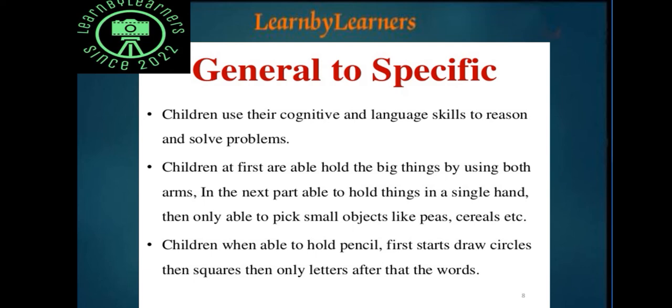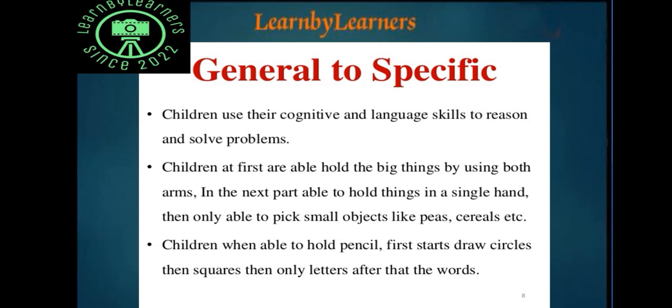And also you have seen he or she tries to hold with a single hand, and then learns to pick with both hands small things like peanuts, peas, cereals, etc.